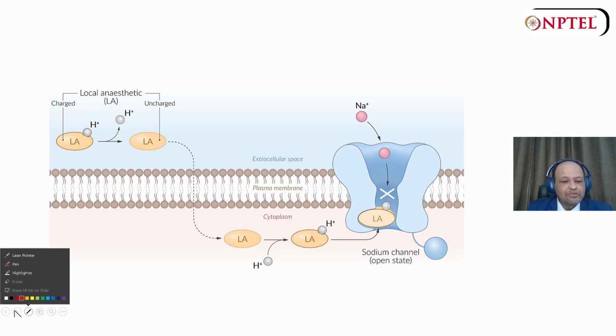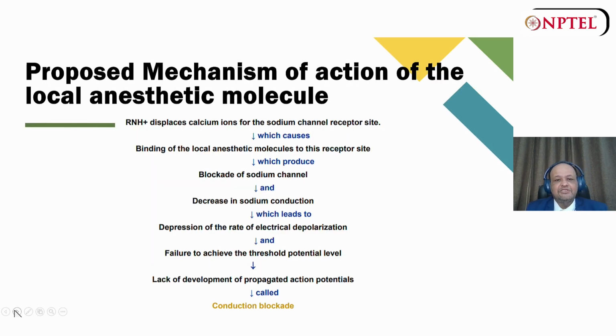The proposed mechanism of action of the local anesthetic molecule is that the molecule displaces calcium ions. The RNH plus displaces the calcium ion from the sodium channel receptor site. This causes the binding of the local anesthetic molecule to the receptor site.